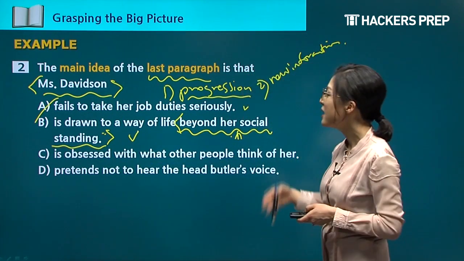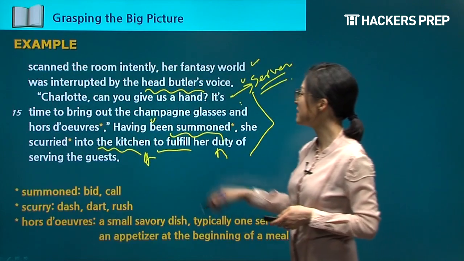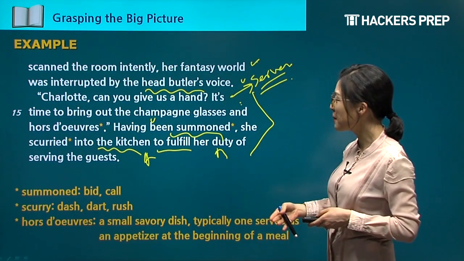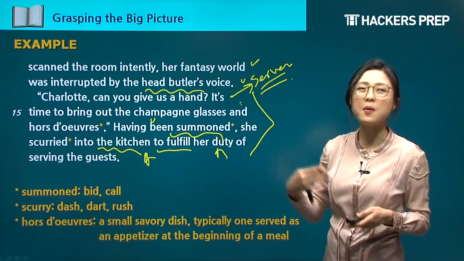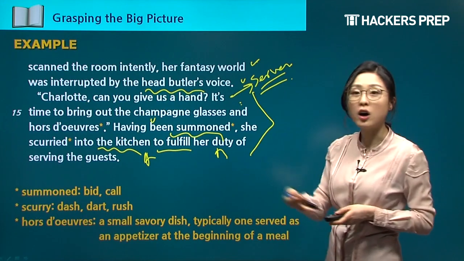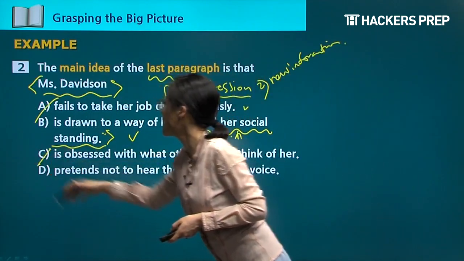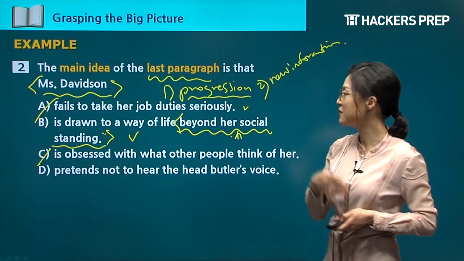Let's go to C. Is obsessed with what other people think of her. All right, so we need to see here some illustration of her being obsessed with something, but this last paragraph only shows us how she responded to the butler calling on her service. So we know that this is quite an easy elimination. D, pretends not to hear the head butler's voice.